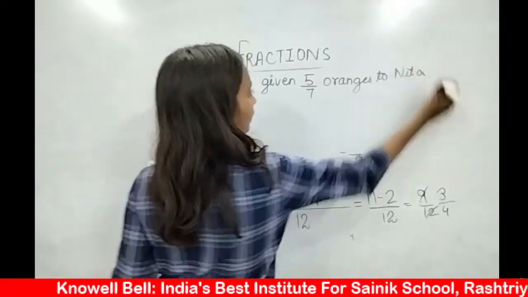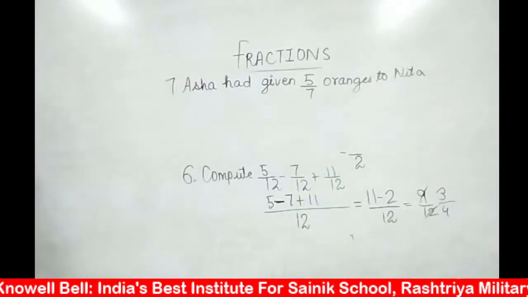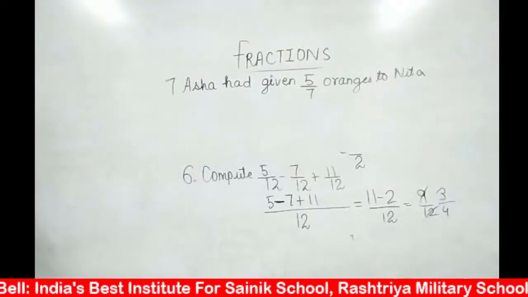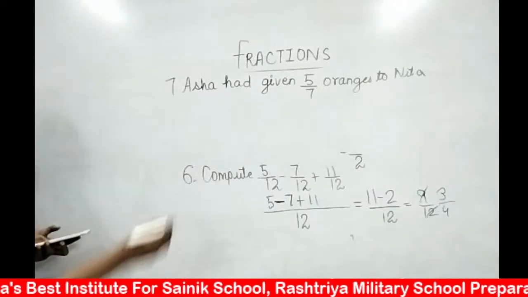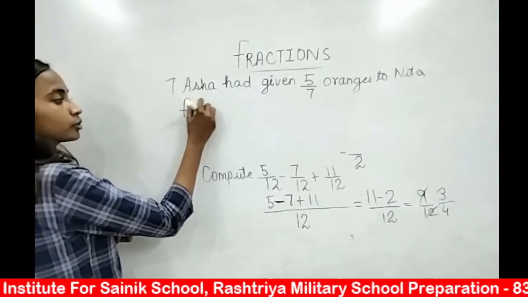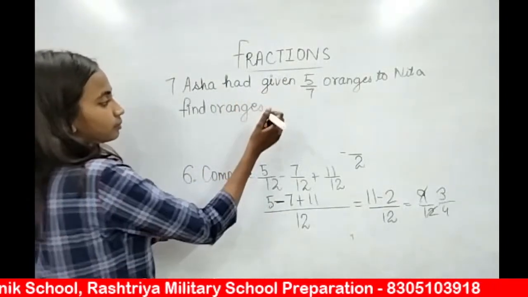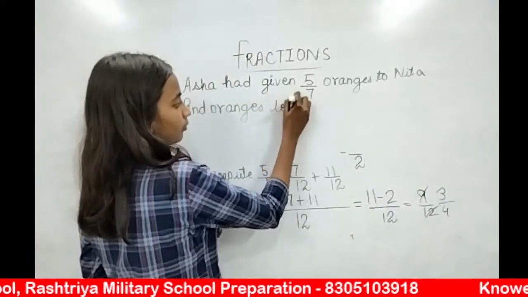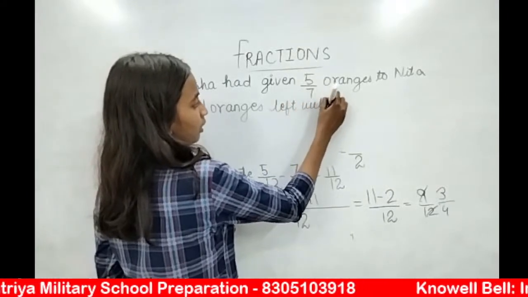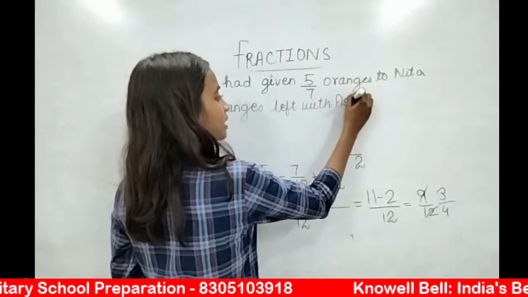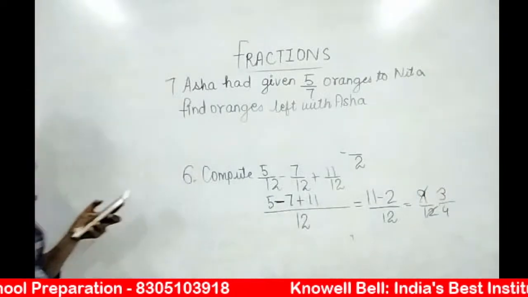What had Asha done? Asha had given 5 by 7 oranges to Neeta. Okay, find the oranges left with Asha.